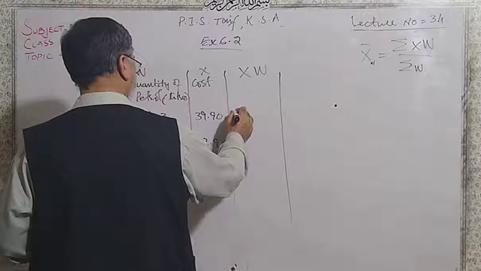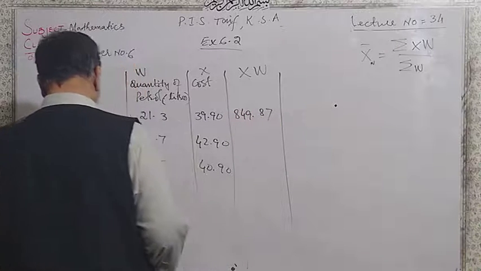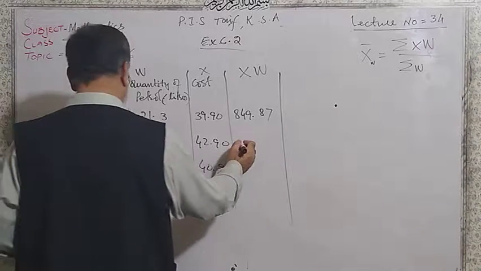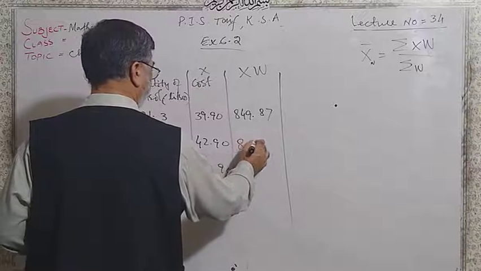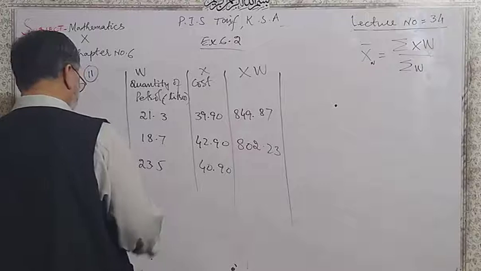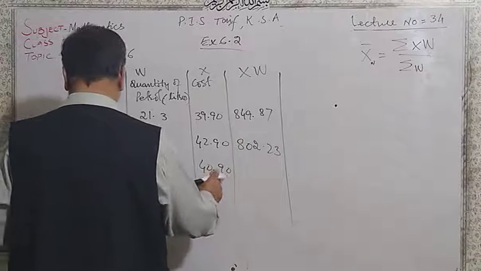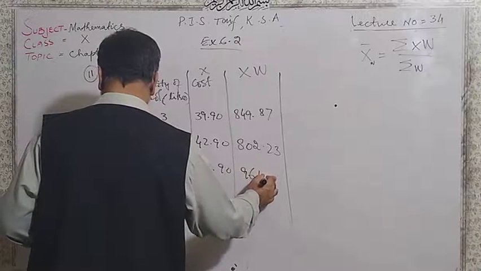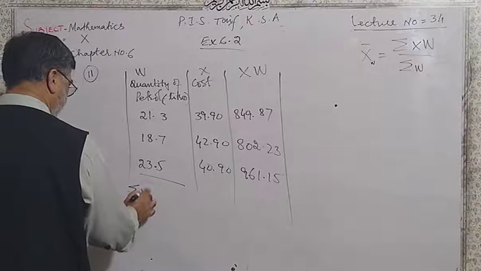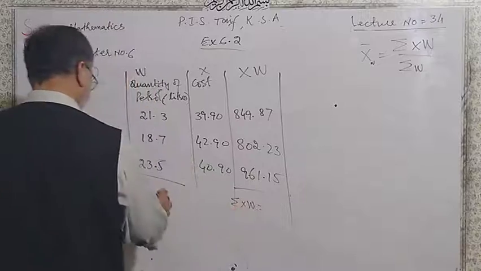Here is 849.87. Then 18.7 into 42.90, that will be 802.23, and 23.5 multiplied by 40.9, 961.15. Here is sigma w, here will be sigma xw.